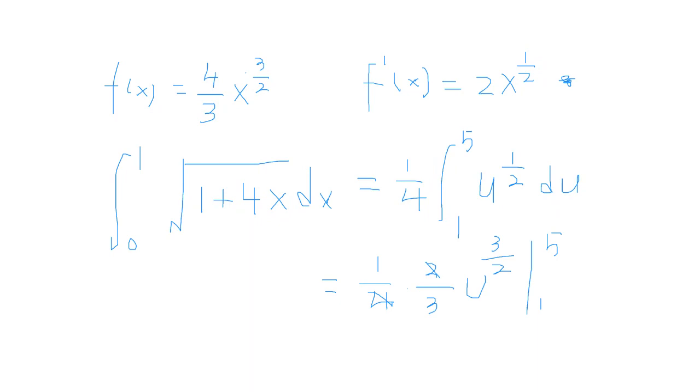Simplify this, got a 1/6. Then when u is 5, that's 5 square root of 5. When u is 1, that's just 1, that's a minus 1. Right? That's it. So this answer is exact. Leave the answer like that.